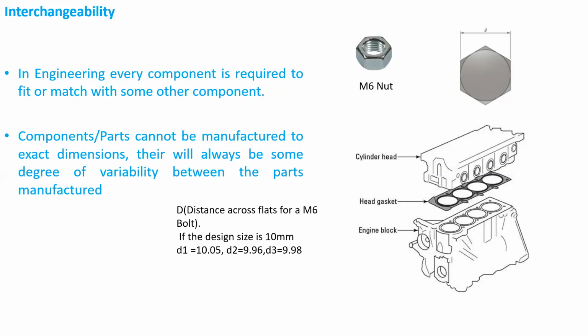So all the 3 bolts will not have the same distance across the flats. But as long as our manufactured component is doing its intended function properly and smoothly, these slight deviations from the design size are acceptable.